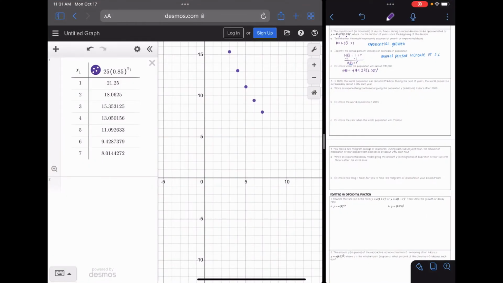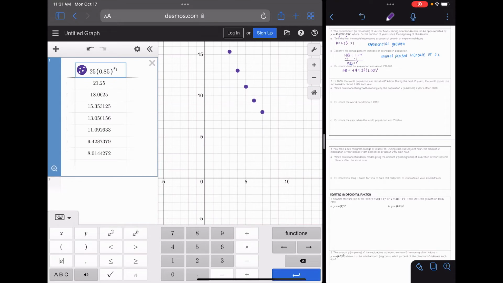So going back over here, I'm going to just change my function. So this is now 494.29 and 1.03 in here.